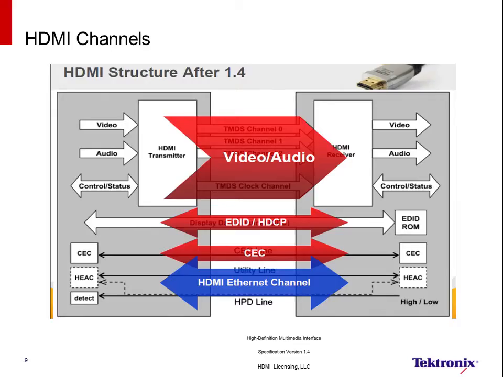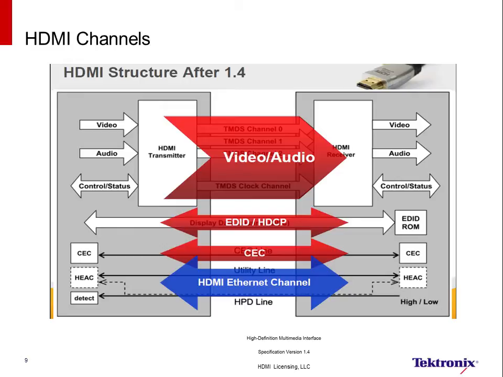An HDMI transmitter has 3 TMDS links from the transmitter to the receiver and a TMDS clock channel that convey the audio and video from the transmitter to the receiver. There is also an EDID HDCP channel for reading the EDID ROM of the receiving device so that the transmitter knows what display resolutions are supported.